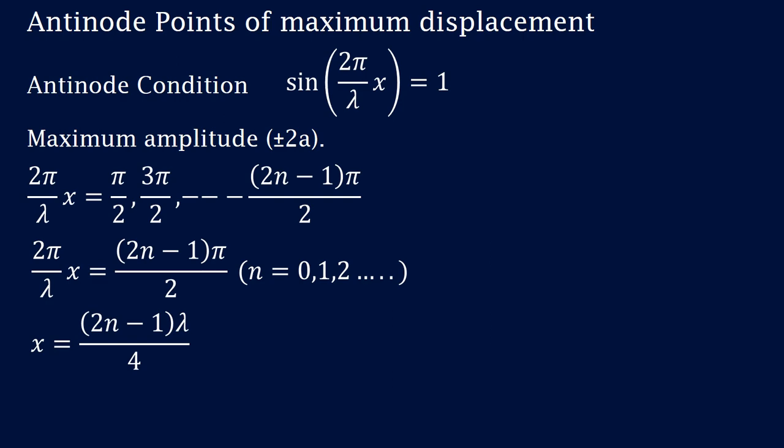Here, n is equal to 1, 2, 3, etc. On simplifying the equation for x, we get x equal to (2n minus 1) into lambda divided by 4. We get the position of antinodes as x equal to lambda by 4, 3 lambda by 4, 5 lambda by 4, etc. The distance between two consecutive antinodes is lambda by 2.